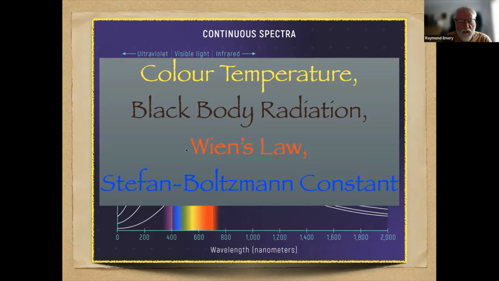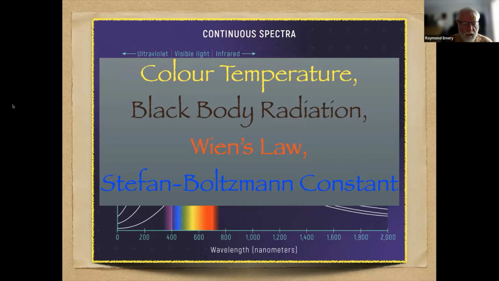And as the temperature drops, more and more of the radiation is emitted towards the redder end of the spectrum, and indeed off into the infrared, the invisible infrared. The Stefan-Boltzmann constant refers to the actual luminosity of the glowing black body. And this states that if you vary the temperature, the actual luminosity, the amount of radiation emitted, varies according to the fourth power of that change in temperature.